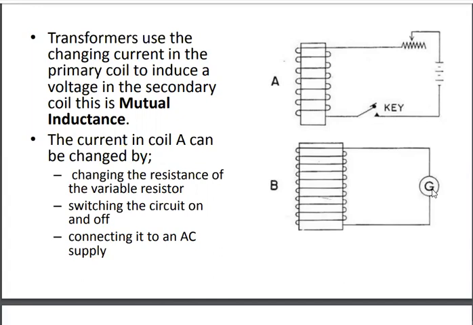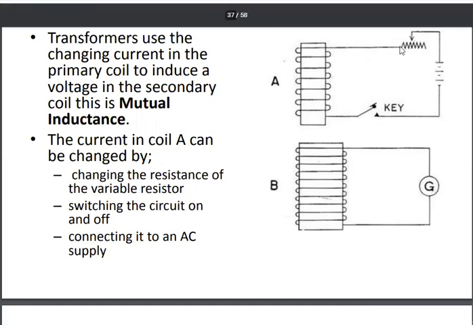Now replace this DC supply and connect an AC supply. What will happen? You don't need to change this resistance. This rheostat is provided to change the current, because only changing current can induce voltage in the secondary coil.